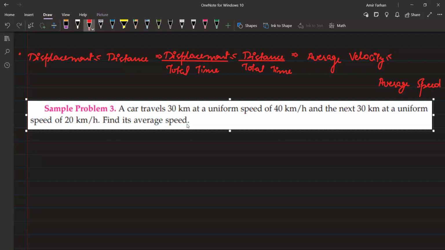So we have to find the average speed with which we can travel and basically cover this distance in the same amount of time. So, solution. First of all, the first 30 kilometer has been covered with the uniform speed of 40 kilometer per hour.